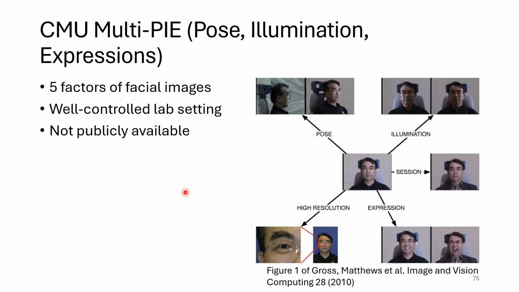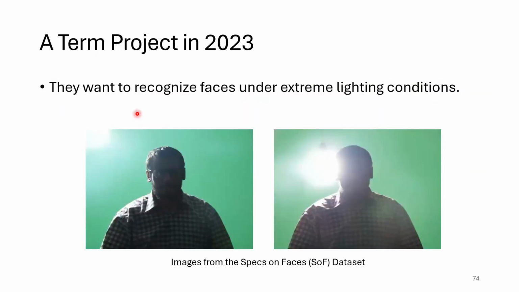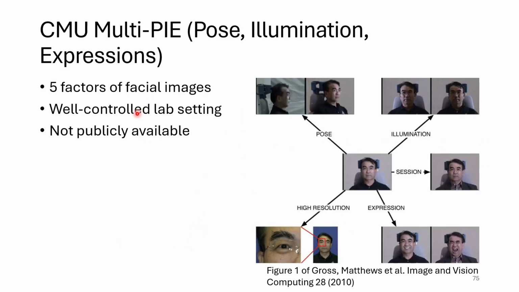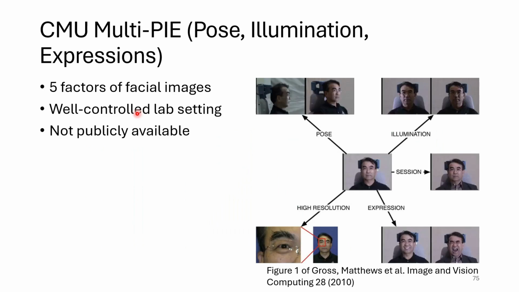Okay, so let's take a look. The first dataset in the list, CMU Multi-PIE. The team wanted to use CMU Multi-PIE to develop the algorithm because it covers several different illumination conditions.